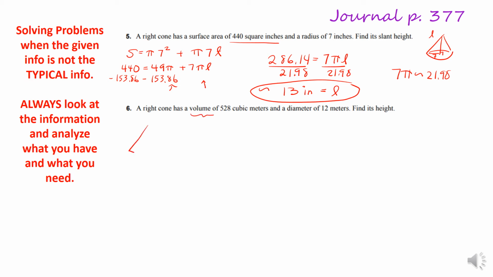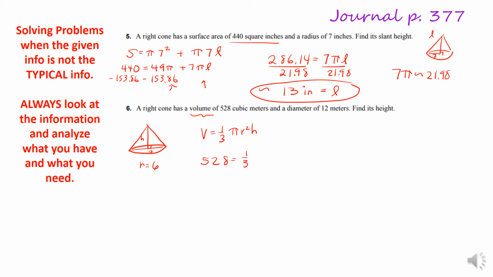Okay, so this one's talking about volume. We have a right cone, and it says that the diameter is 12, and they want you to find the height. So the first thing I'm going to do is my radius is 6. So I have volume equals 1/3 pi r squared h. So 528 equals 1/3.